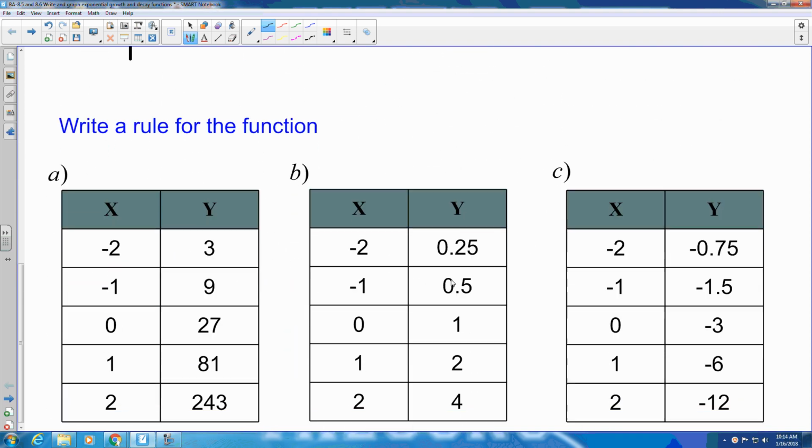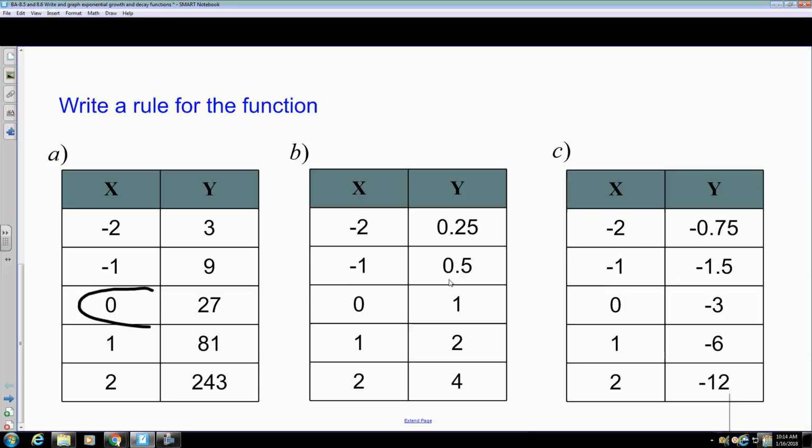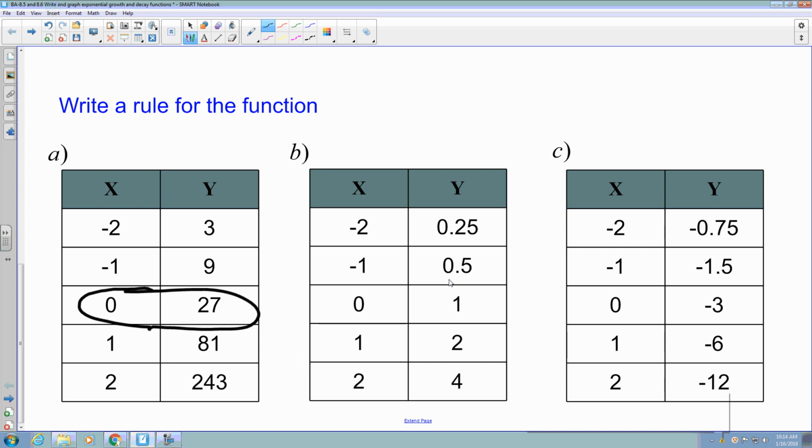So to write the rules for any one of these examples, I have a chart with some data on it, x and y values. The first thing you have to do is find out what a is. Easily, you just look for where x is 0. x is 0, y is 27. That means that a is 27.